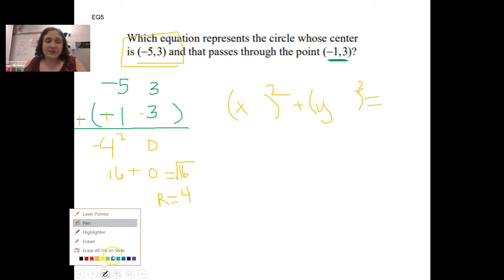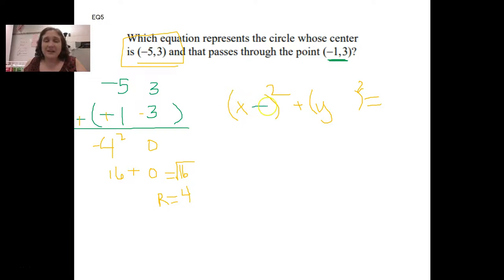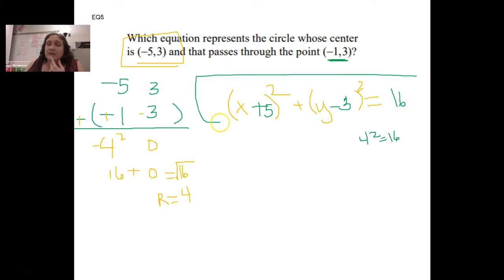So our opposite values are going to be positive 5 and negative 3. Excellent. Our radius is 4, but we're not going to put a 4 here because the formula says we have to square the radius. So 4 squared equals 16. So 16 is going to be our number that goes there.